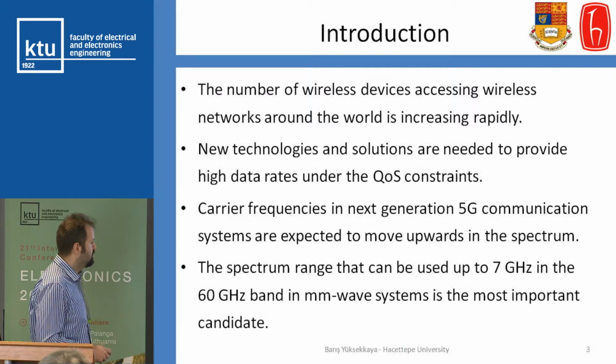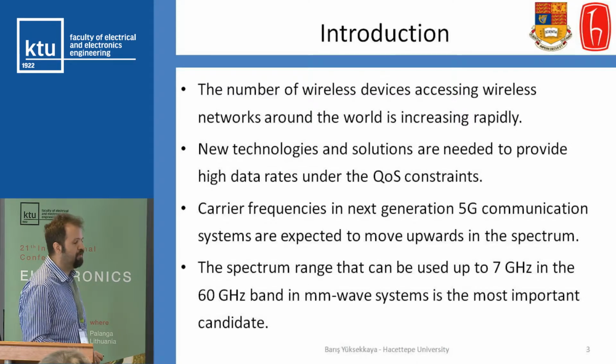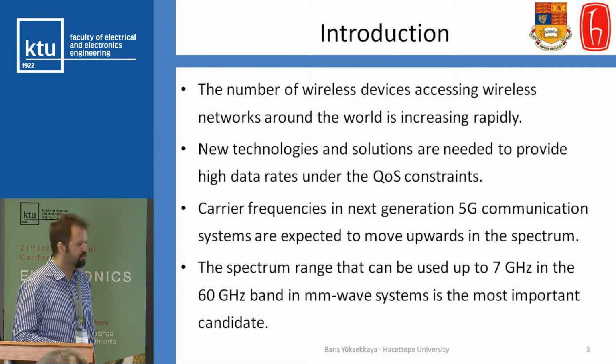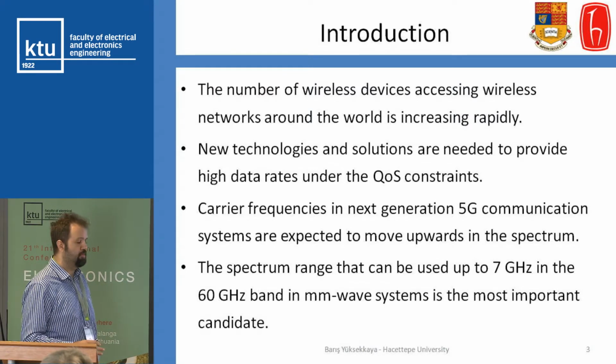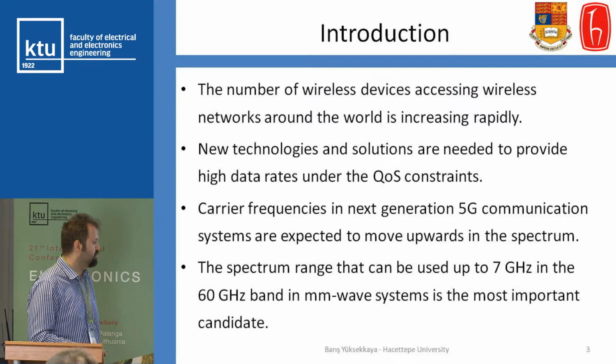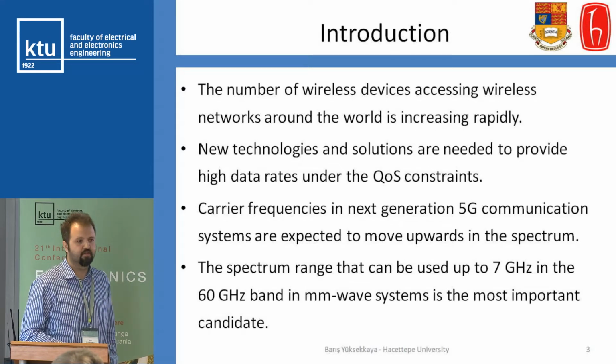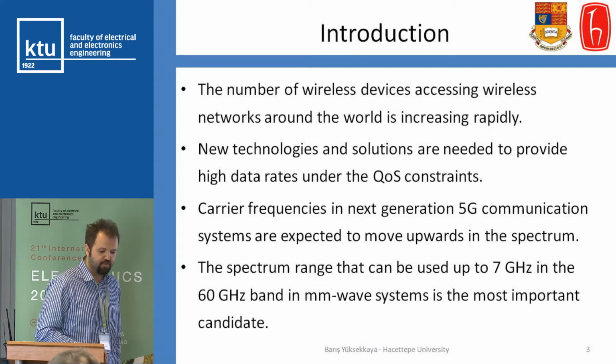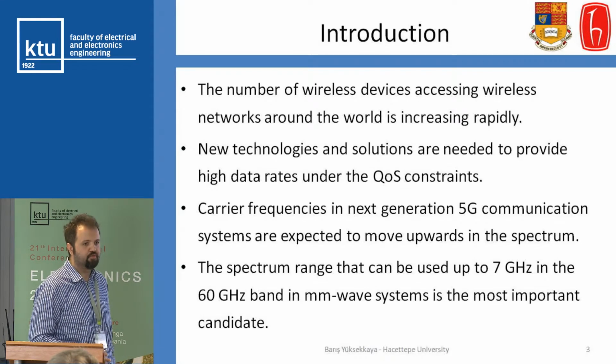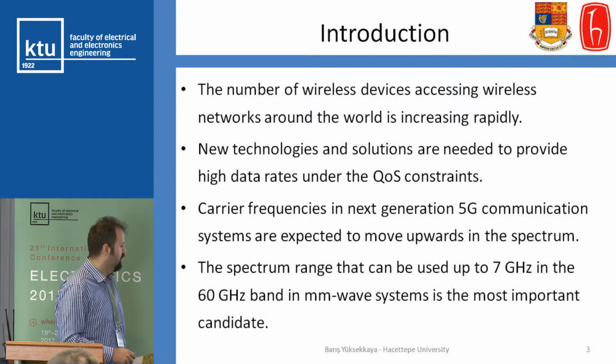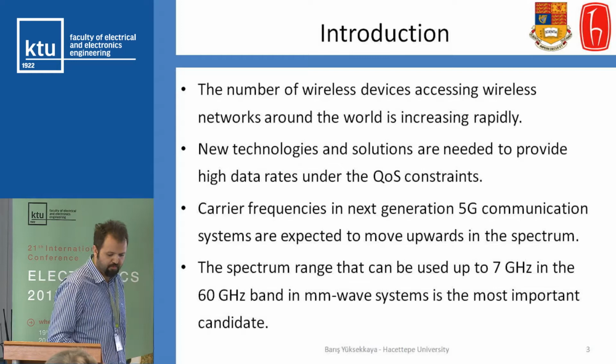But in the next generation, 5th generation communication systems, it's expected to move upwards, for example, to the 60 gigahertz band, which is called millimeter wave systems. There is a spectrum range that can be used up to 7 gigahertz in this band, and there are some applications that use 1 to 2 gigahertz of spectrum bandwidth.